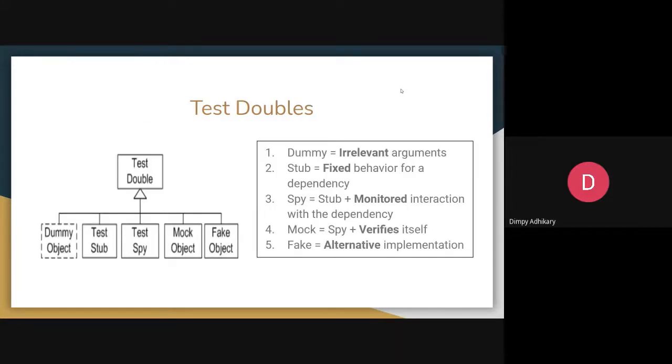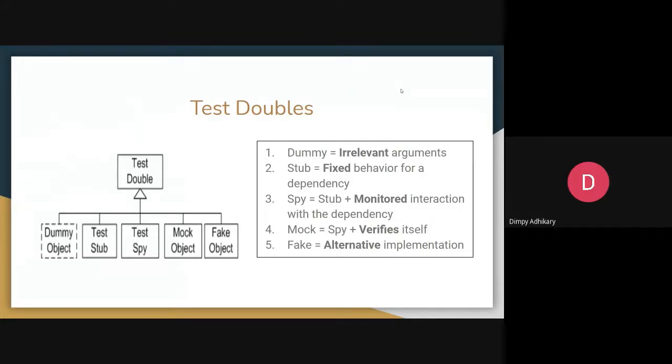So okay, before going to APIs, since testable is a unit testing terminology, as we know, it comes from unit testing, I want to give you at least a very high level overview of what is testable in terms of unit testing. So you can see here in this diagram, testable is a superset of all this: dummy object, stub.